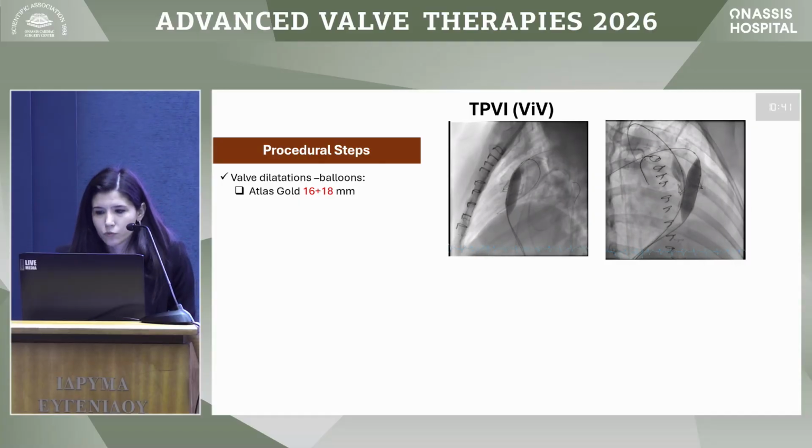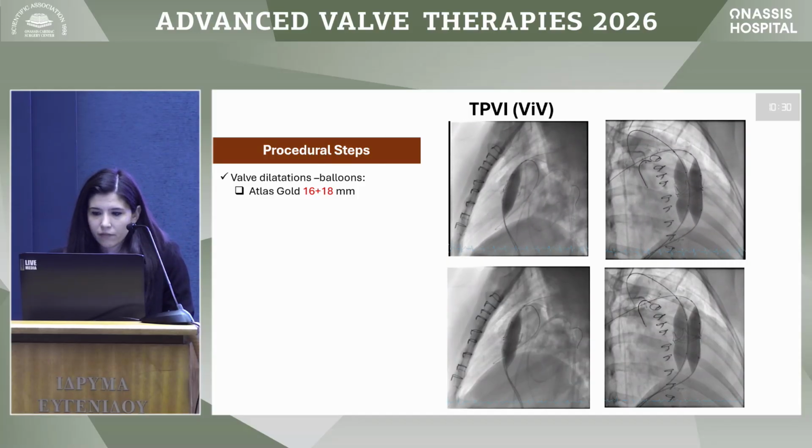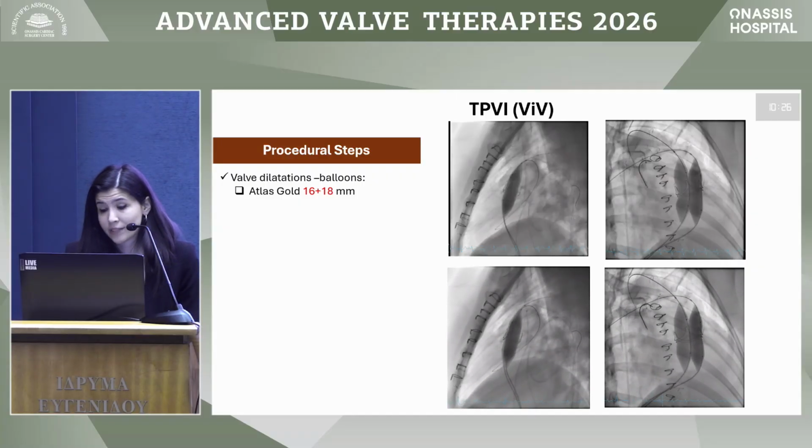Now, through these wires, we advanced and dilated two Atlas balloons, 16 and 18 millimeters, in order to dilate and crack the valve. You see, we have full expansion of the balloons, but we still are not sure that we have made the fracture of the valve.